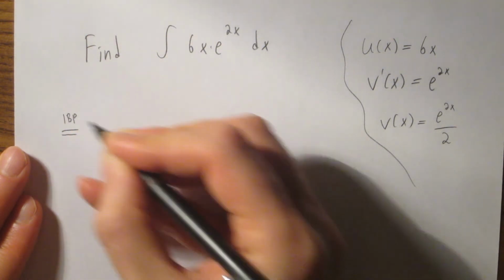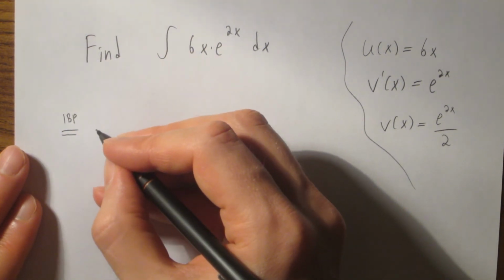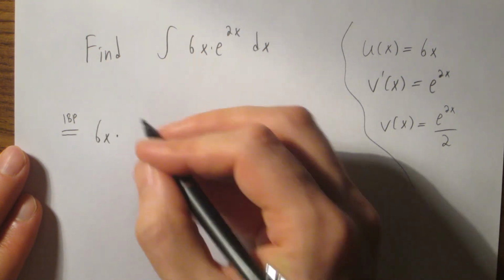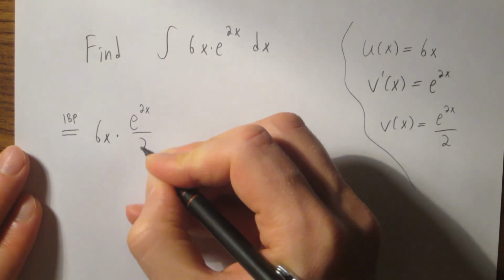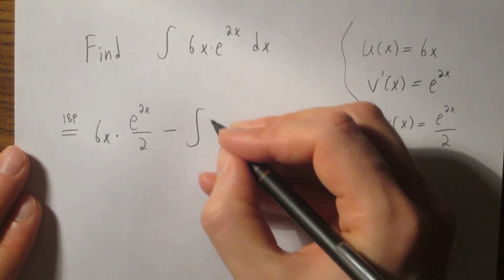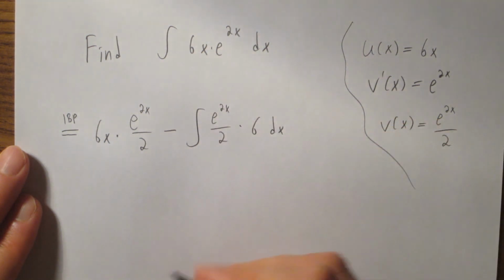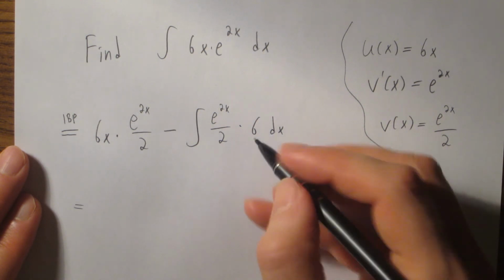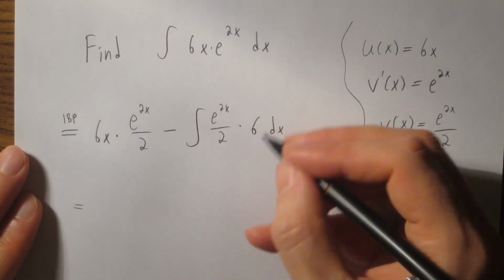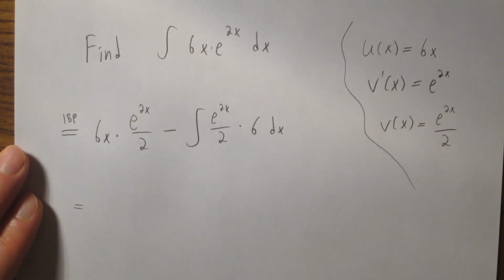So by integration by parts, this becomes u(x) times v(x) minus the integral of v(x) times the derivative of u. And here, the u stuff after differentiation is no longer annoying.